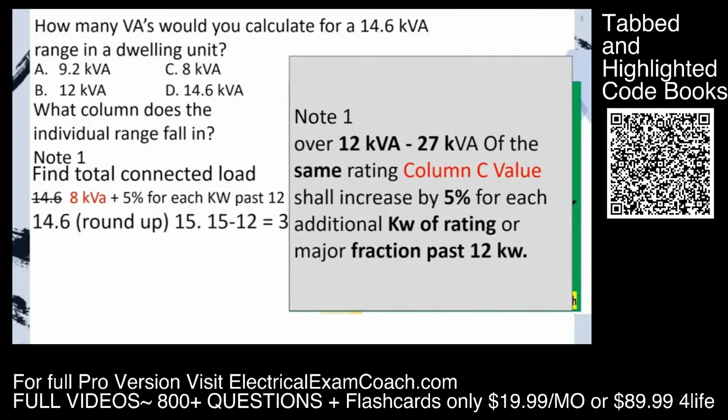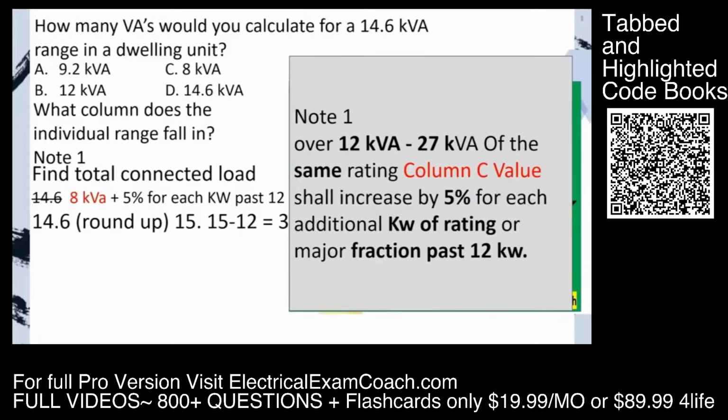Well, we're 14.6 past 12. And what the code states is that you're going to increase it for each kW past 12 or major fraction thereof. That's just a fancy way of saying if it's 0.50 or greater, you're going to round up. If it's 0.49 or less, you're going to round down. Well, in this case, we're 0.6, so we're going to round up to 15 kVA.